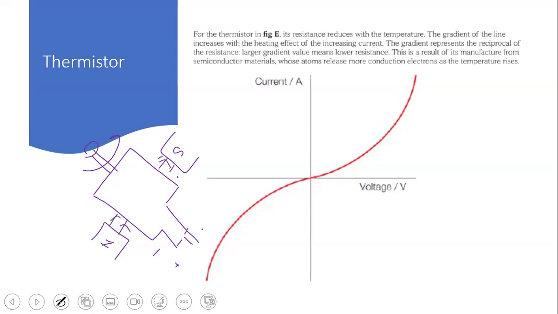Since the coil is constantly rotating within the magnetic field, the direction of the current being induced in this wire is constantly changing. As a result, the current that is produced is alternating current.